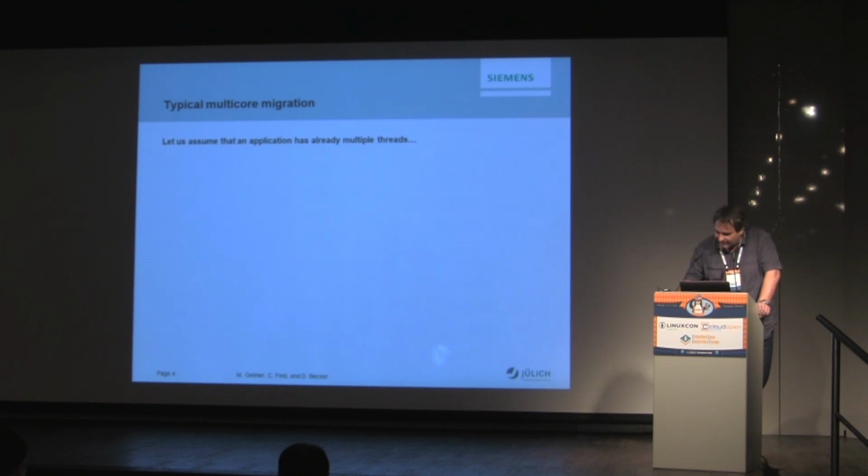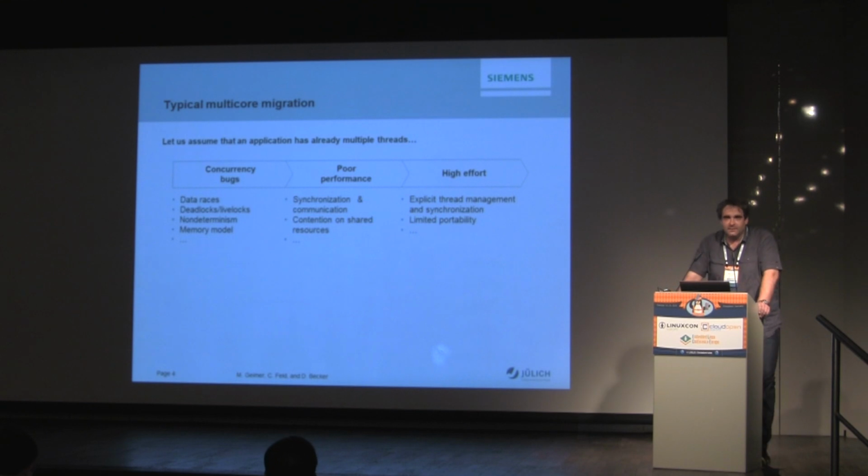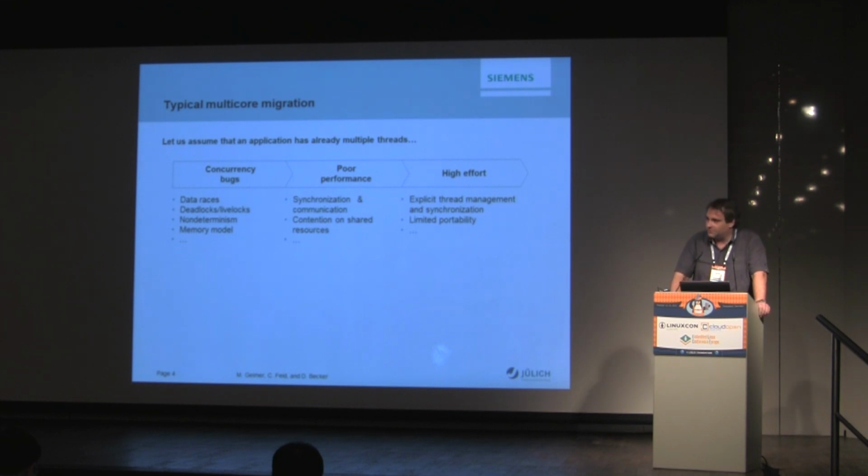To highlight the problem we are faced with, let's assume you have an application which already has multiple threads, but it's currently running on a sequential processor. Now your procurement department decides, well, let's buy a multi-core, they are cheaper. Or maybe Intel decides they do not sell single-core processors anymore. Both might be true.